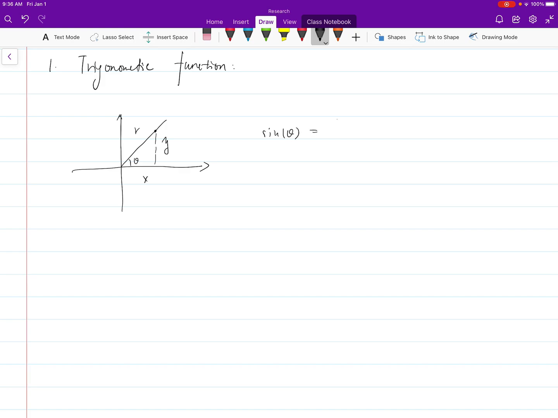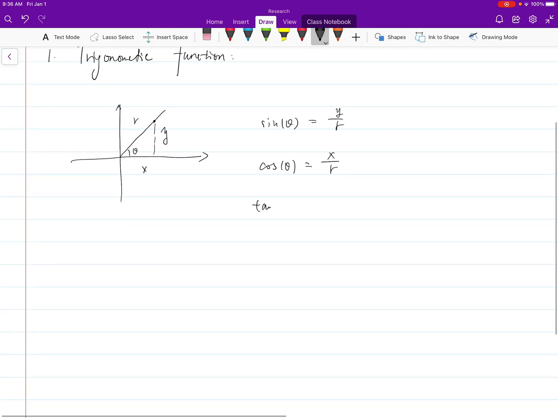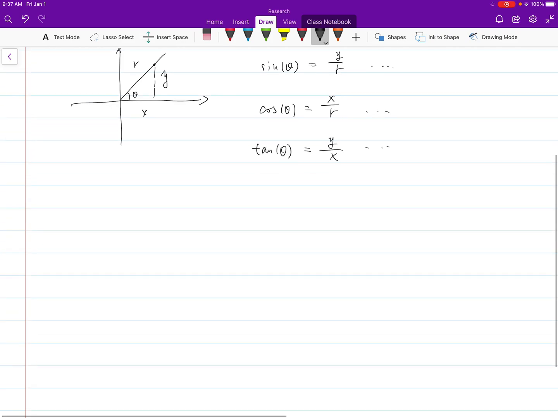Sine, let's call it theta. Okay. So you were trying to define the trigonometric value for angles. Y over r, and the tangent theta equals y over x, and you have the corresponding flipped secant, cosecant, and cotangent.